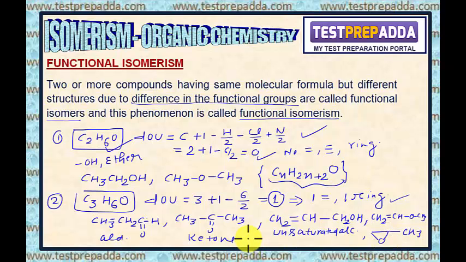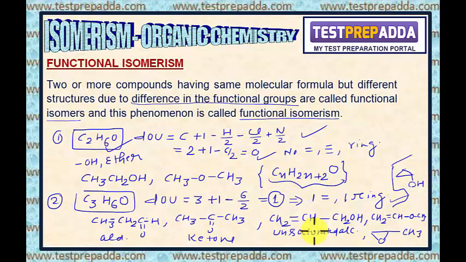We can also write one normal ring like this, and outside this, OH. Ring indicates 1 degree of unsaturation and here the alcohol has got 1 oxygen. If you want to check the total number of hydrogen atoms: CH2 here, CH2 here, CH here, so 2, 2, 4, 1, 5, and this hydrogen, that is 6.